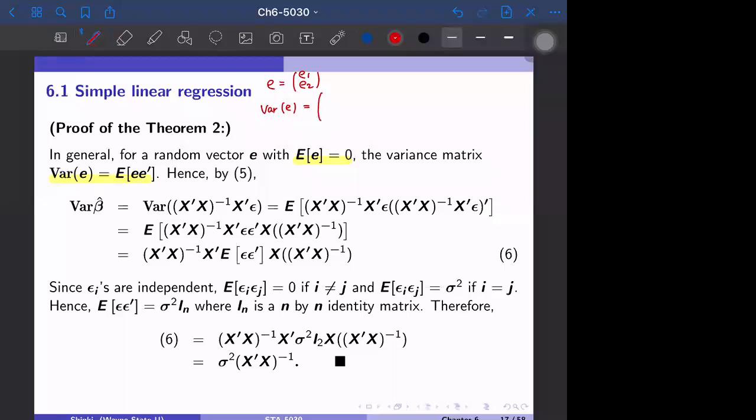The off-diagonal term is the covariance of E1 and E2, and the diagonal terms are the variance of E1 and the variance of E2. So the off-diagonal part is both the covariance of E1 and E2. So this is actually just the expectation of the vector (E1, E2) times the vector (E1, E2) transposed.